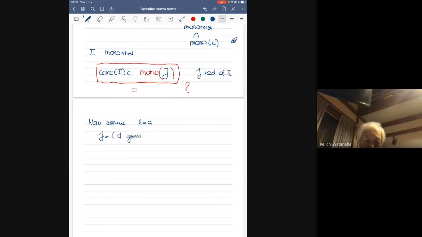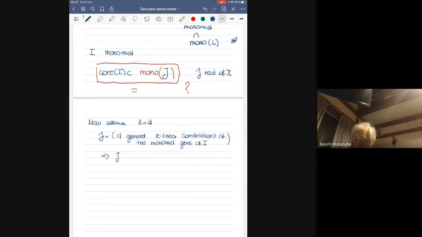I take D general K-linear combinations of the monomial generators of I. If you are in the local case, this would be what we called last time a general reduction of I. And it would obviously be monomial.